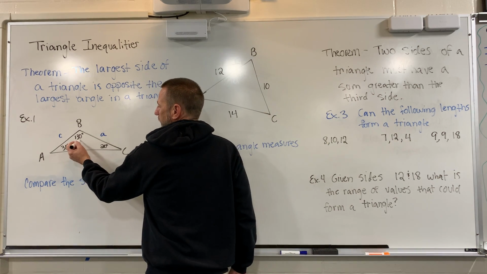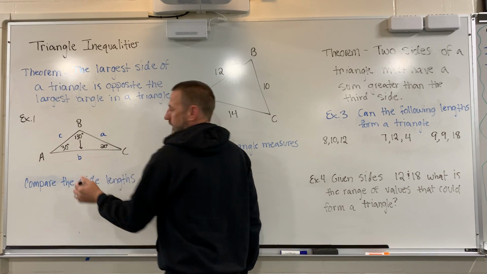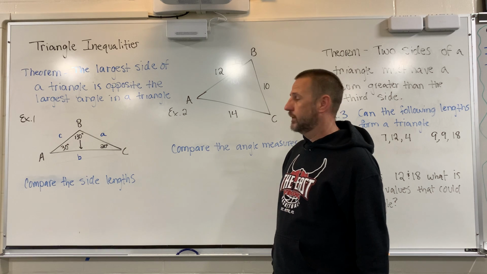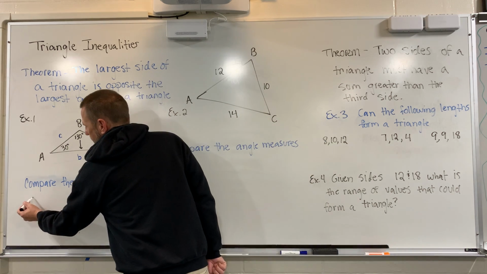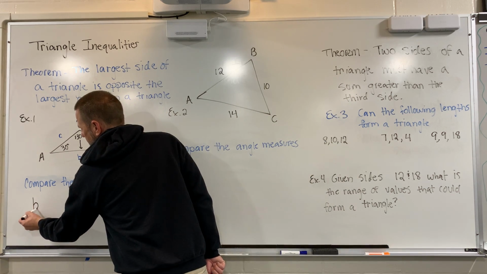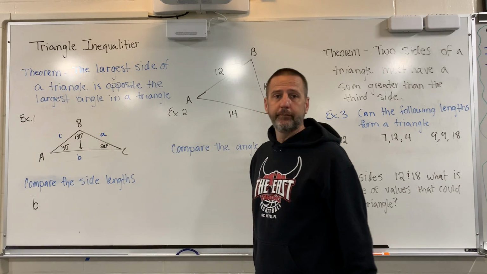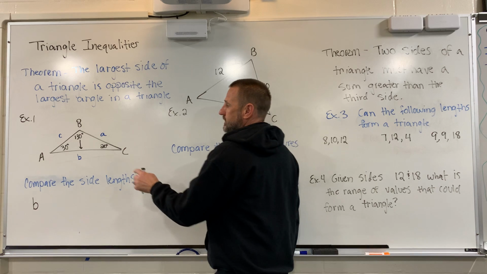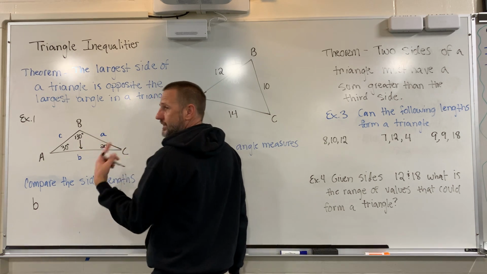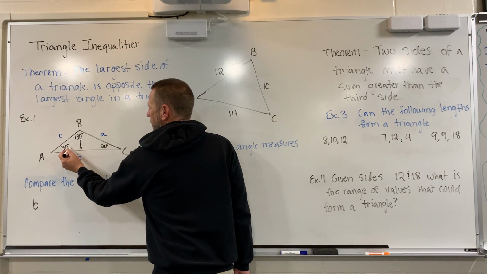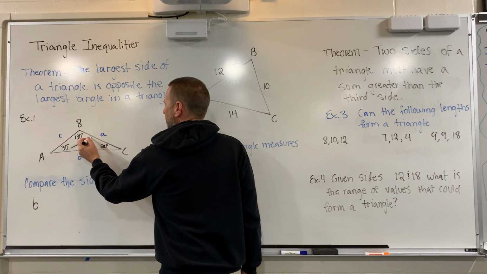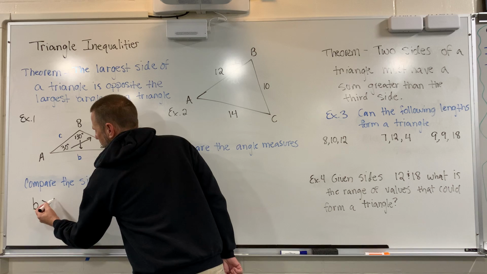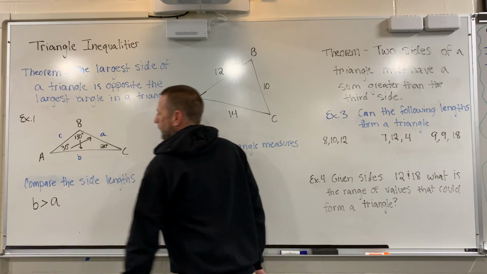So 130 is opposite of side B, which means that B is the largest side of the triangle. What would be the next side? Well, if I look at the list, I have 130, and then the next largest angle is 30. So 30 is opposite of A, which means that side B is greater than side A.